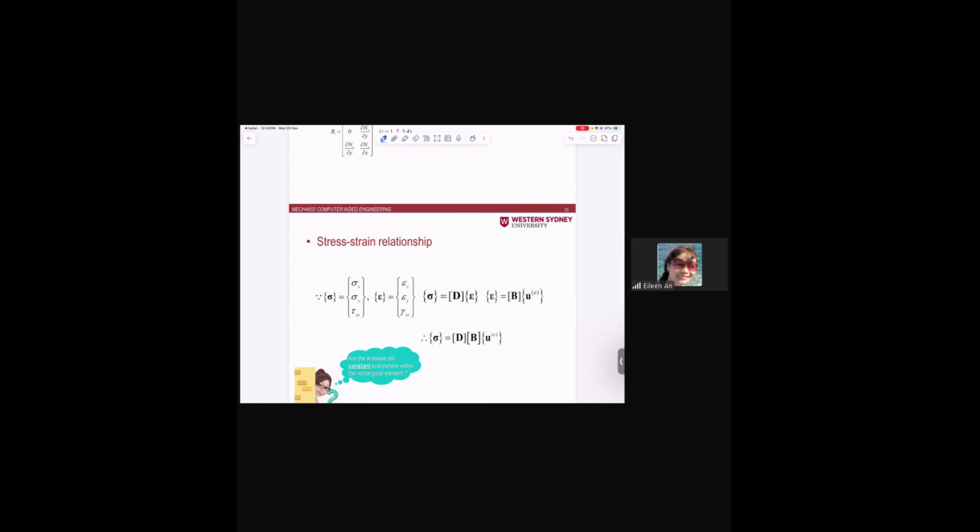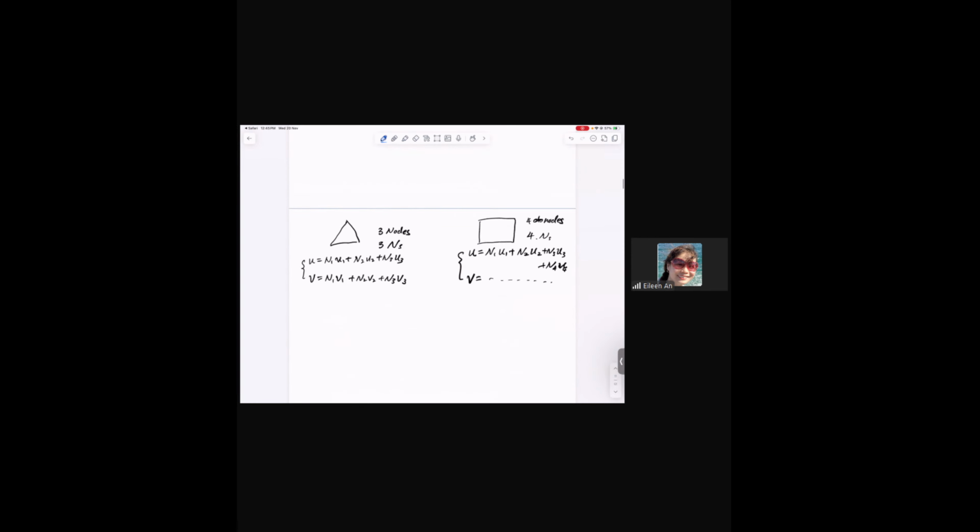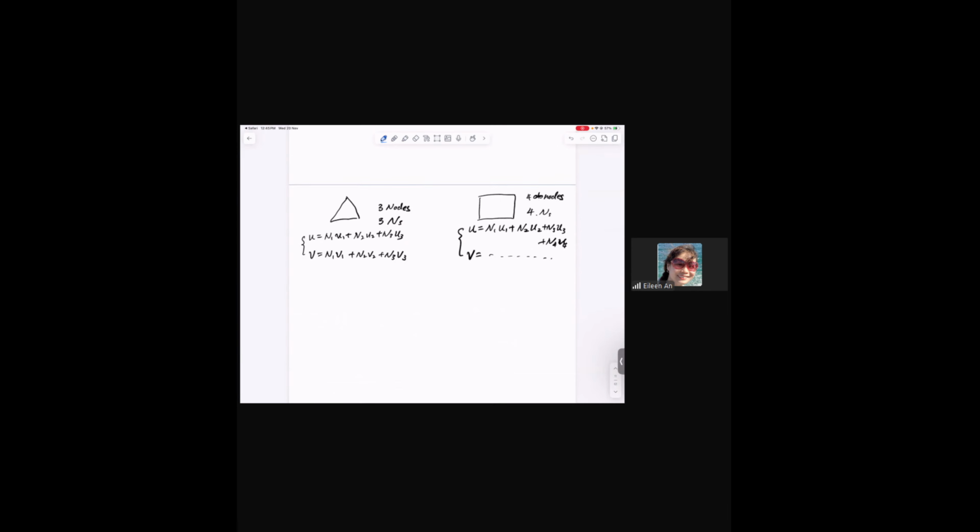So for triangle element, to calculate displacement delta, we need to use the shape function matrix multiplied by the node displacement matrix. Similarly, for four node element, to calculate displacement, we need to use shape function matrix multiplied by node displacement matrix.